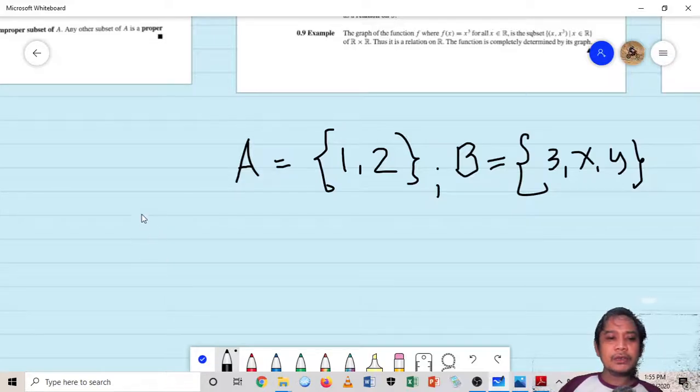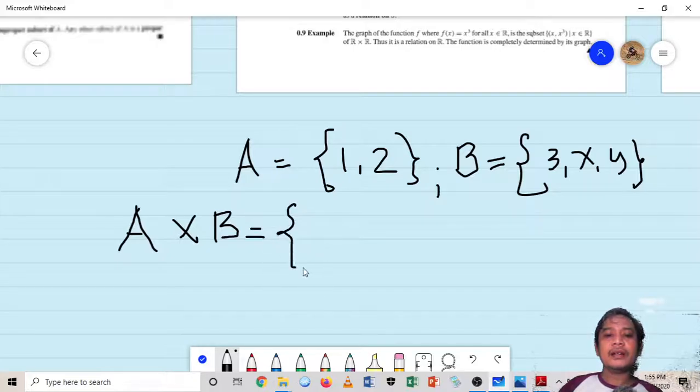So if we are to take the cross product or the Cartesian product A cross B, this would be the following ordered pairs. First, we have 1, 3.